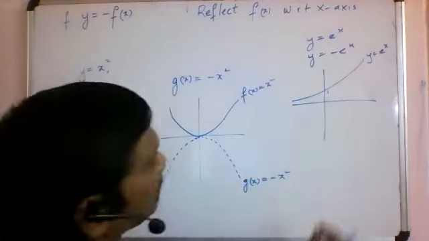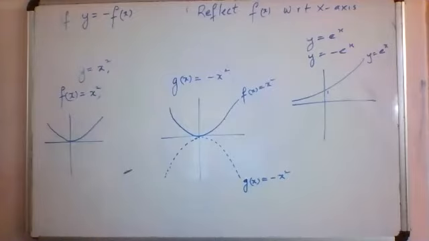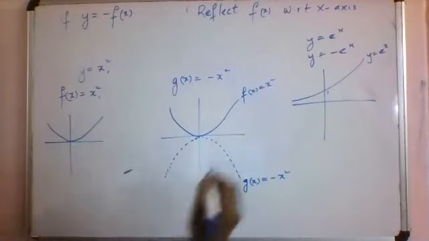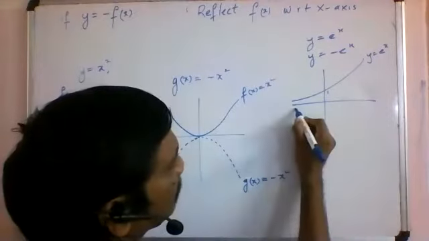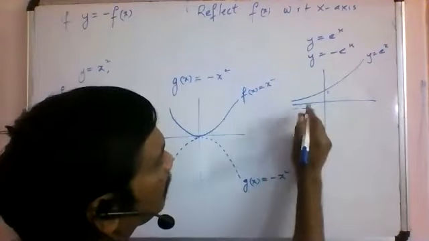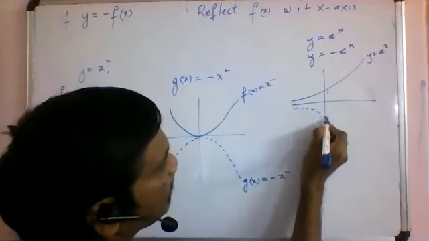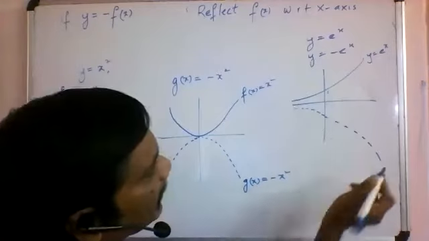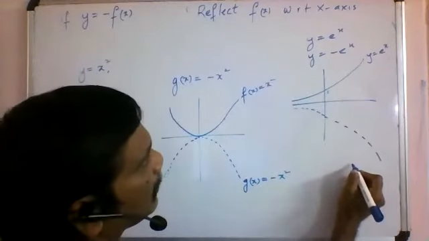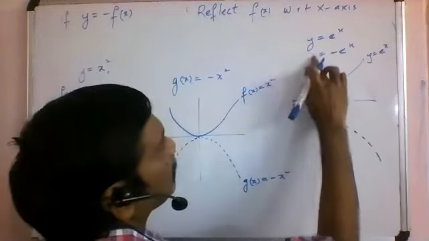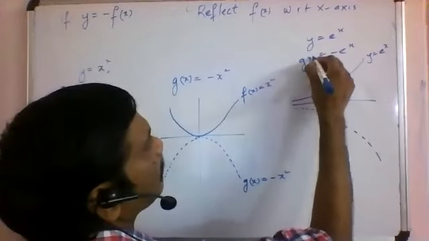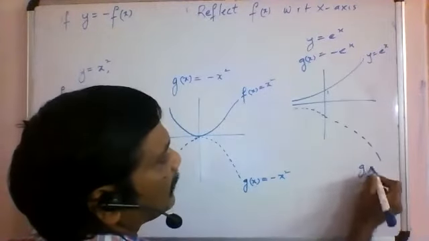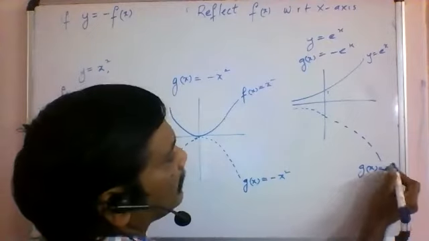And take its reflection with respect to x-axis. So it should come like this, with dotted lines. This is your g of x, g of x is equal to minus e power x.